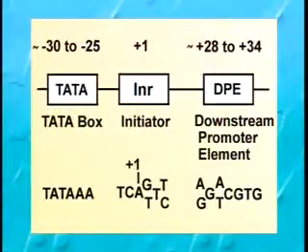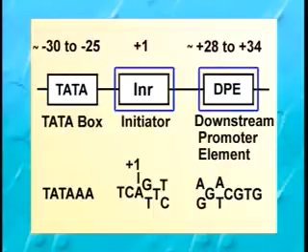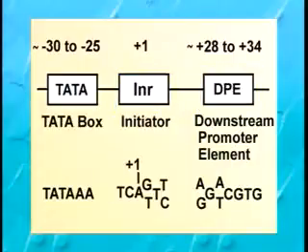Mutational analysis of the initiator and DPE motifs revealed that the DPE acts in conjunction with the initiator to provide a binding site for transcription factor 2D in the absence of a TATA box.